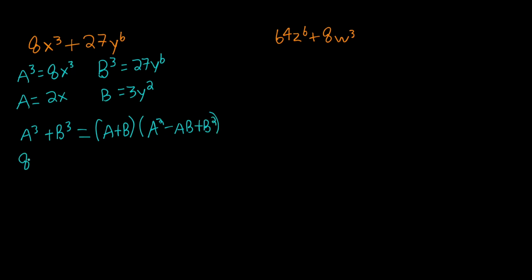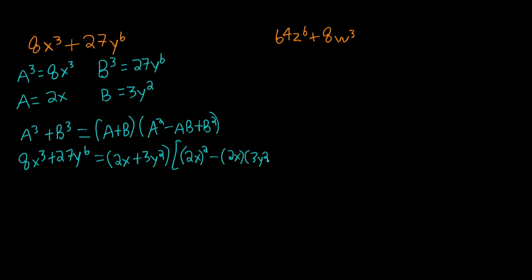I'm going to get that 8x cubed plus 27y to the power of 6 is equal to (2x plus 3y) squared. And it's a good idea to get the big brackets at this point. So (2x) squared minus 2x times 3y squared plus (3y squared) squared.